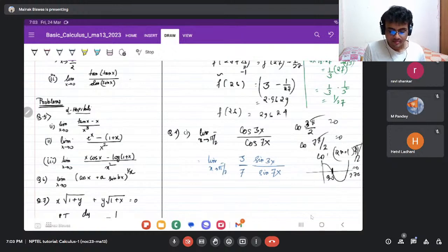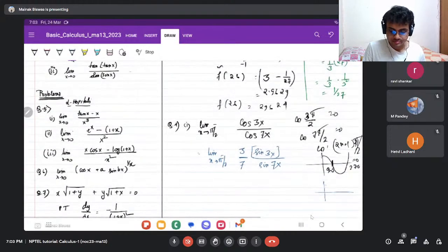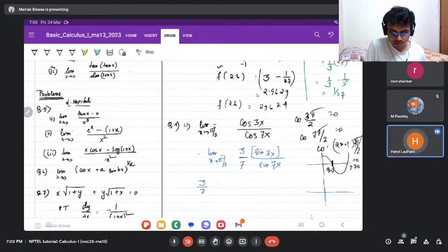Agreed? Now I can put 3 by 7 and minus outside. That's why I was saying pi by 2. I'll just write 3 pi by 2: sine 3 pi by 2 by sine 7 pi by 2.